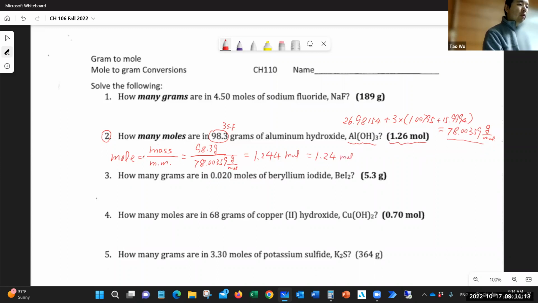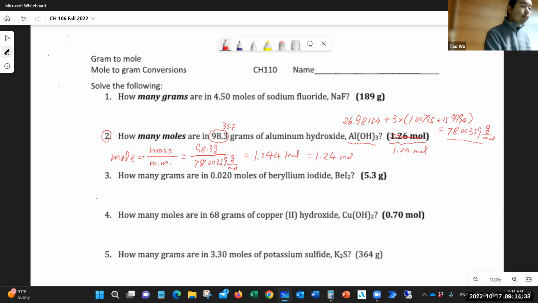A little bit of difference here. This answer should be 1.24 mole. The difference is probably because of the molar mass you choose. If you choose a different molar mass number, it will change a little bit.